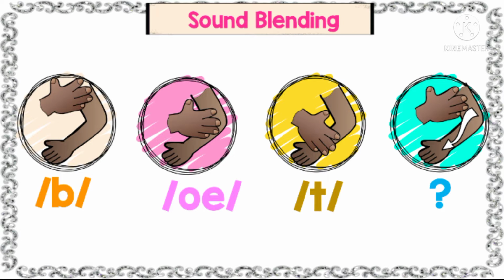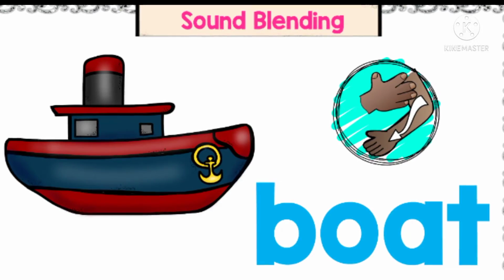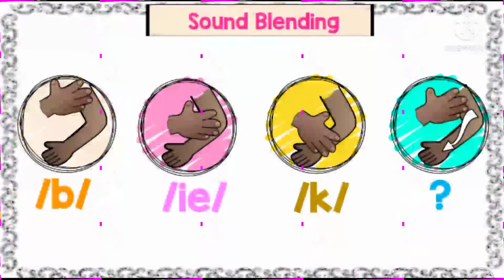B, o, t. Slide through your arm and blend, and it gives boats. B, i, k. I hope you are using the gestures.